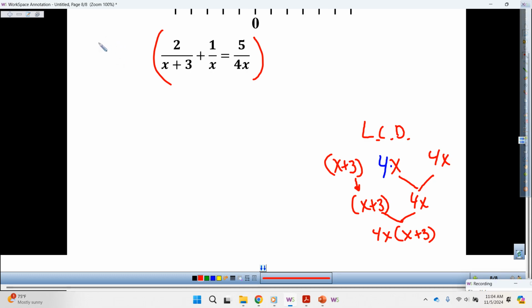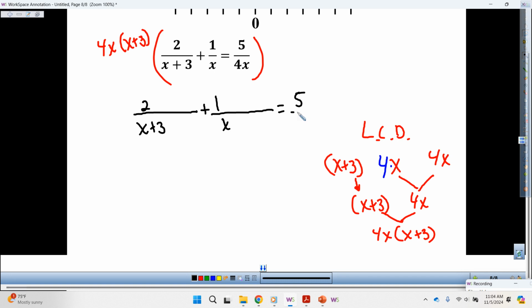You multiply the entire equation times 4x, x plus 3. So let's first write our equation again. Leave plenty of room on the numerator for each fraction to write the LCD. So we got 2 over x plus 3 plus 1 over x equals 5 over 4x.